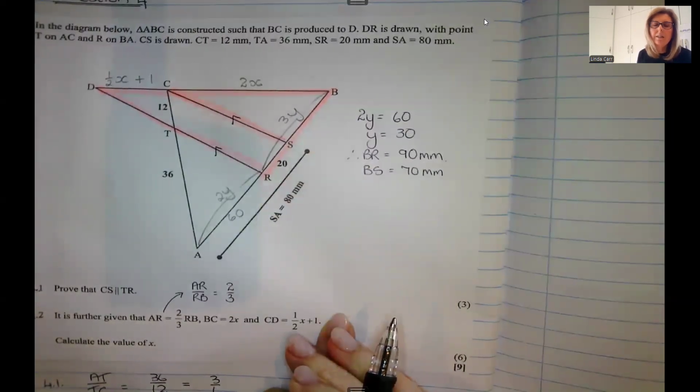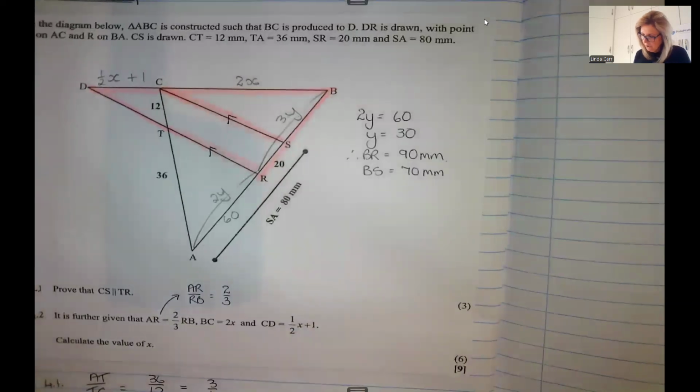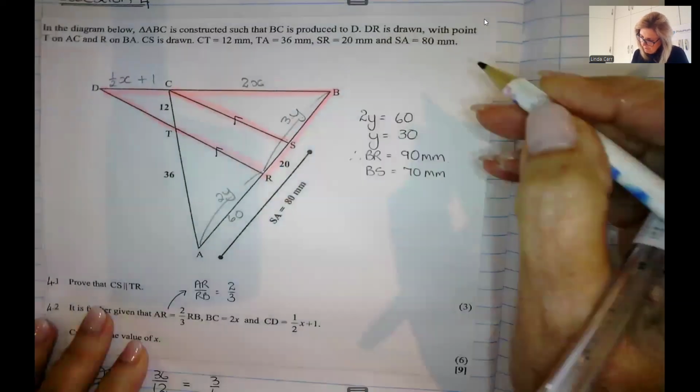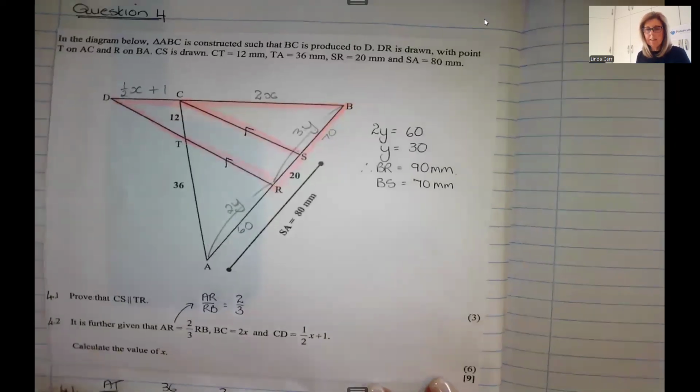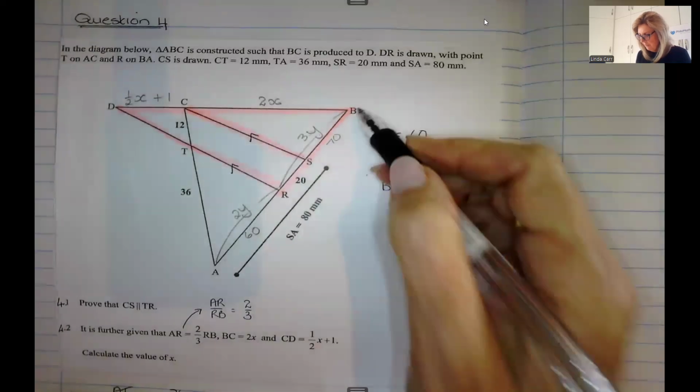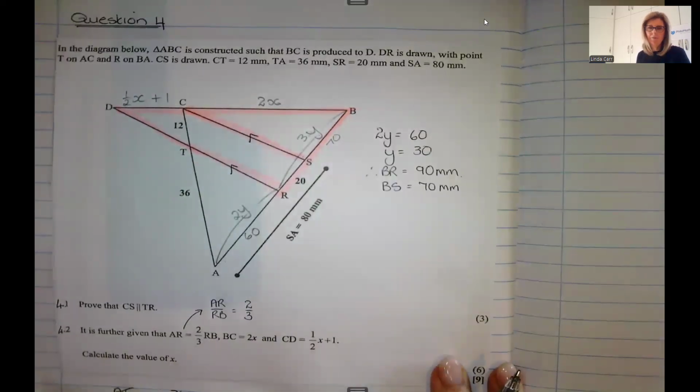Okay, so there were no reasons required there. I just had to work carefully. So I've got a 20, I've got a 70, which obviously means that the whole side would now be 150.